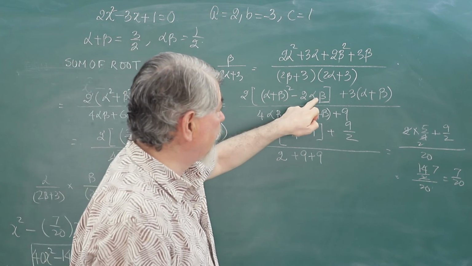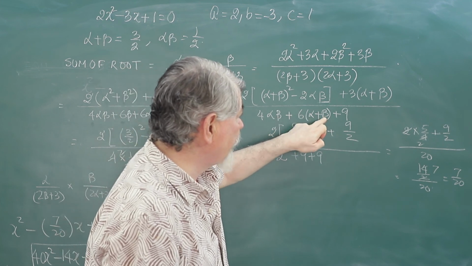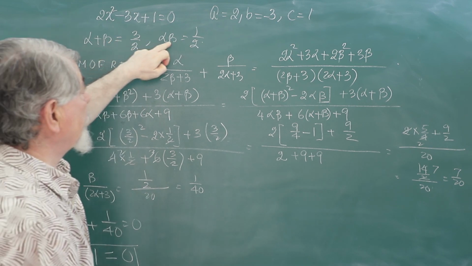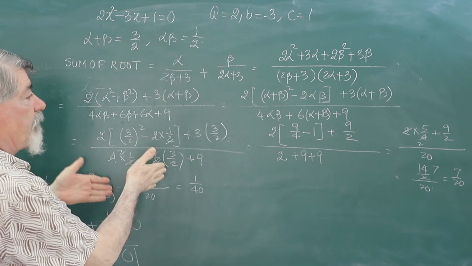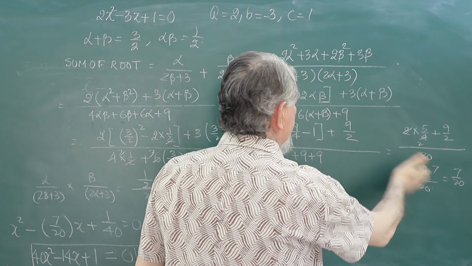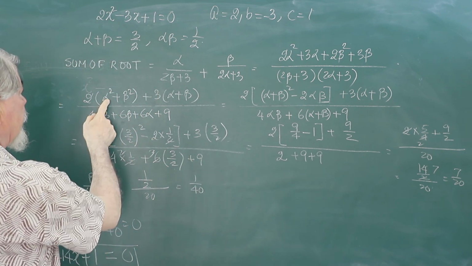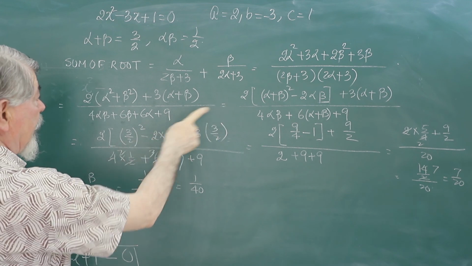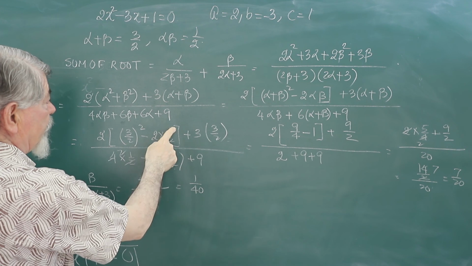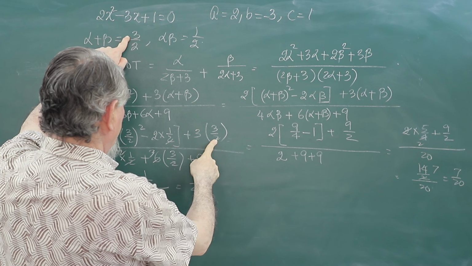It is alpha plus beta, it is alpha beta, and so on. So we know the value of alpha plus beta and alpha beta. We substitute the values here and I get the sum of the roots as 7 upon 20 while solving this. This is a calculation which you have to do. 2 into alpha square plus beta square: alpha plus beta whole square is 3 upon 2 whole square, minus 2 alpha beta, which is 1 upon 2, plus 3 into alpha plus beta, which is 3 upon 2.